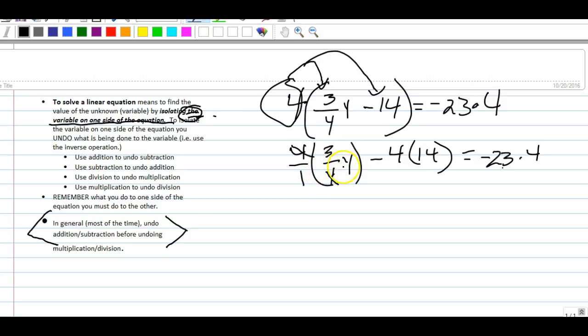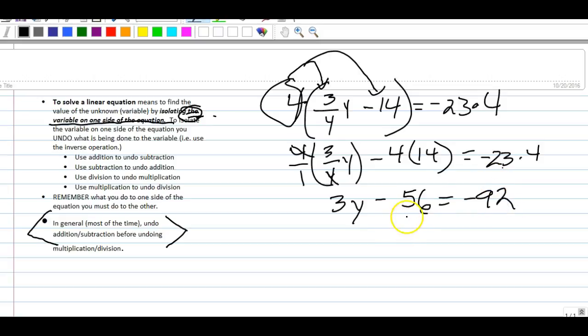So that's 3y over 1, which is simply 3y. So the fraction downstairs has gone away. Minus 4 times 14 is 56. And 4 times negative 23 is negative 92.